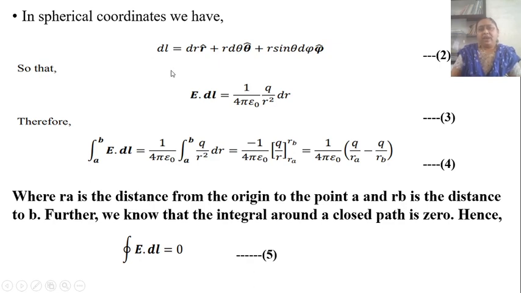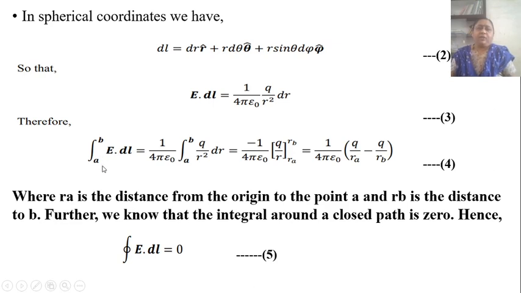So we have E dot dl equal to 1 upon 4 pi epsilon 0 q upon r square dr, because this small element dl is a function of this position vector. So we get E dot dl equal to 1 upon 4 pi epsilon 0 q upon r square into dr.